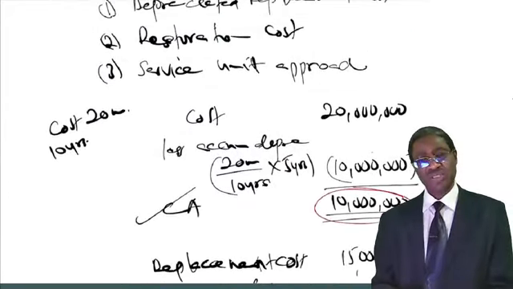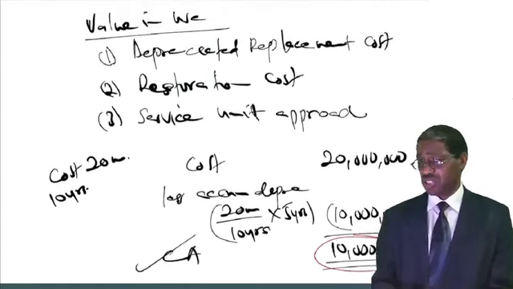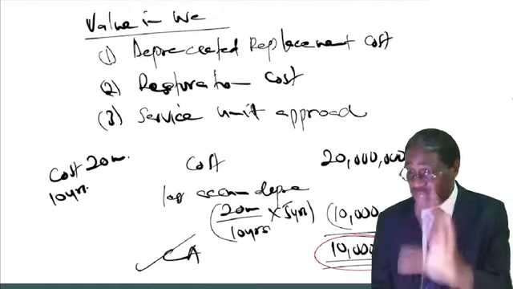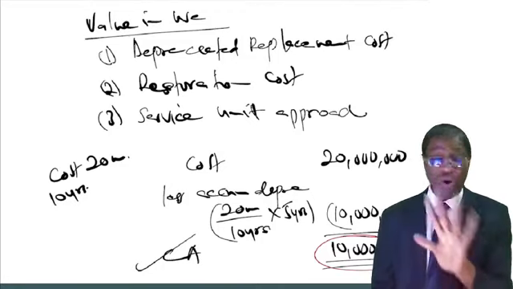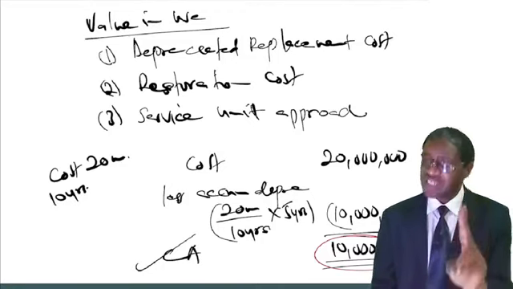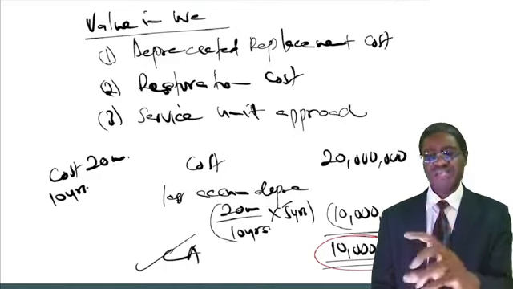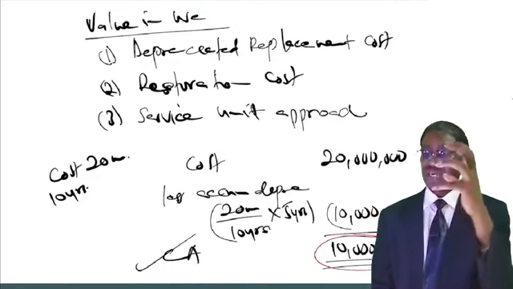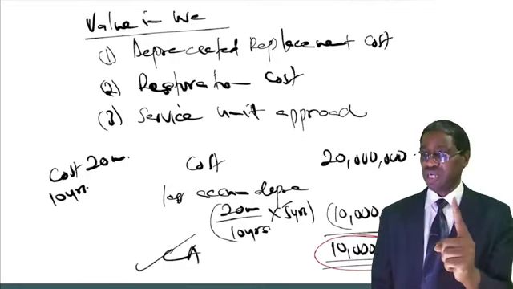Now listen, one thing I hope you have noticed is this. Of the three methods, the first thing you must do is to compute what we are calling the depreciated replacement cost. I hope you have noticed that.